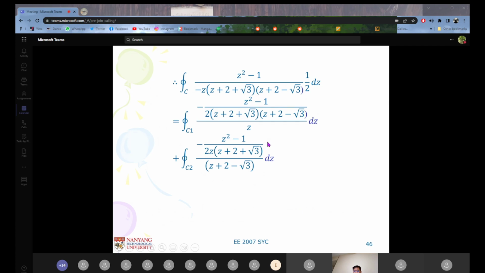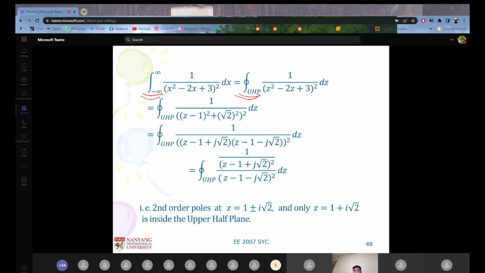If you evaluate it, these two here must be giving you only the real answer. If the answer is complex or imaginary, then you know you are making some mistakes along the way or you have a wrong understanding. So it is a very easy check for this kind of integration. You're expecting a real answer. Of course, when you get a real answer, doesn't mean the answer is correct.